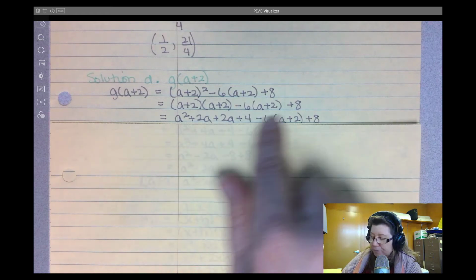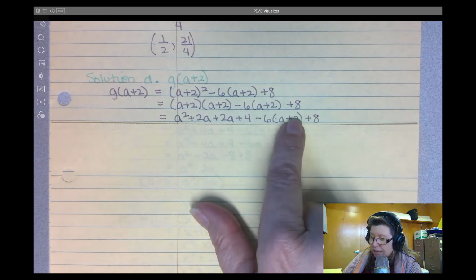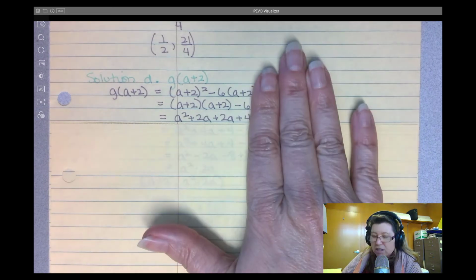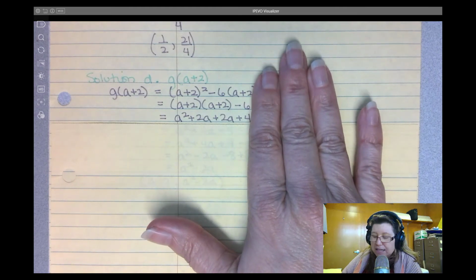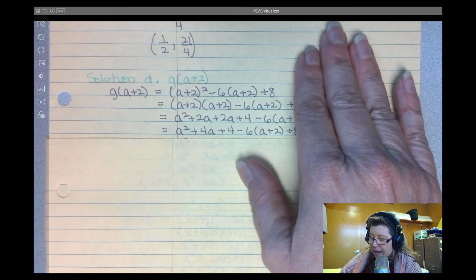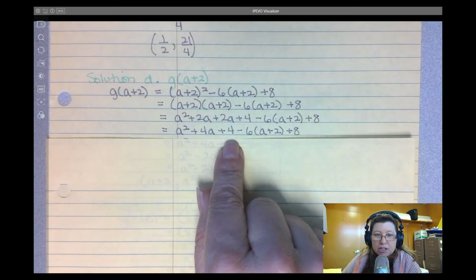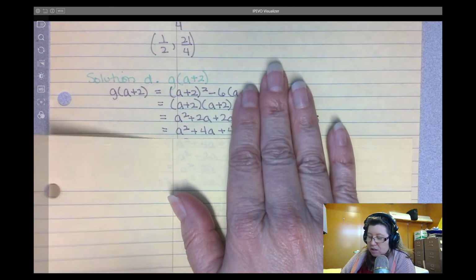Now, you don't have to do that. You could go and distribute this -6 through, but I'm just concentrating on that to simplify it as best as I can. So I'm going to finish up this FOILing, and that leaves me with a squared plus 4a plus 4. That's just for that squaring right there.